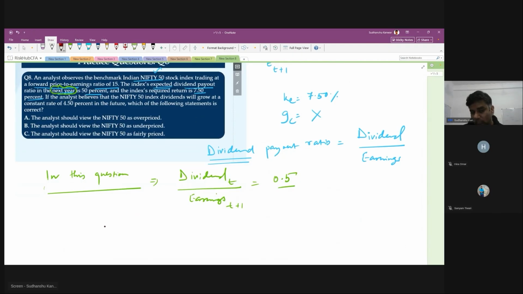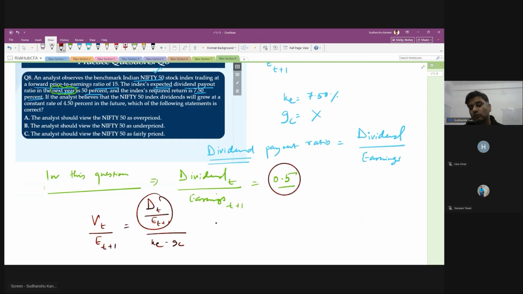So if you remember, the formula was V0 divided by E1, and I told you it is D1 divided by E1, times 1 over Ke minus g. This was the formula, right? So this part is given as 0.5. The question is just trying to make it look very difficult, but it is very easy to be fair.